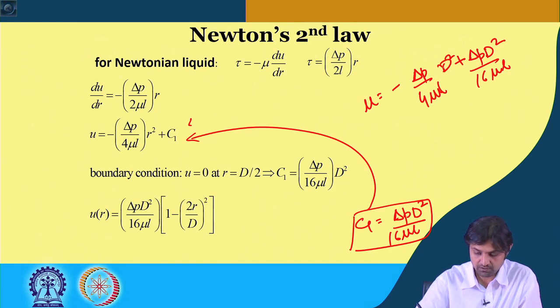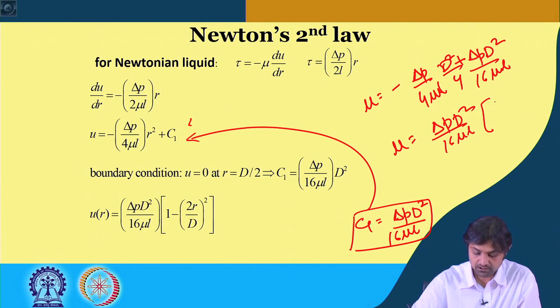This r square can be written as d square by 4. Therefore, if we take delta p d square by 16 mu l as constant, sorry, so this is not d, this is r square.